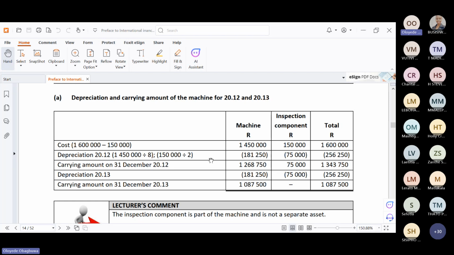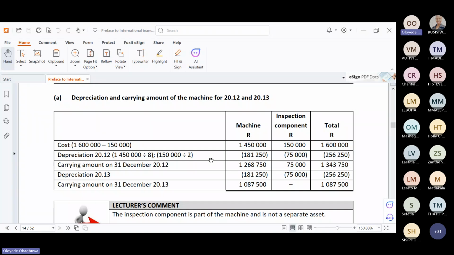That is the formula for determining depreciation: the cost less residual value divided by the useful life. Now, if you want to apply that formula for our depreciation for 2012, the cost of the machine, we will not use 1,600 because we have two different useful lives in the question. That is why this separation will make it much easier for you.